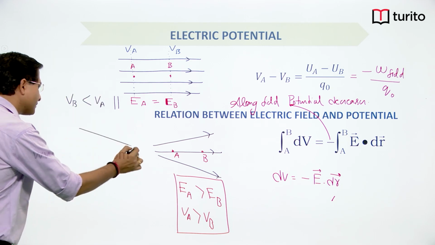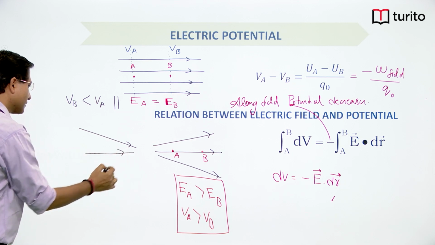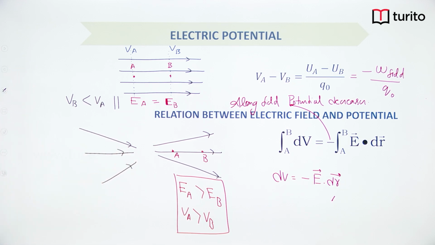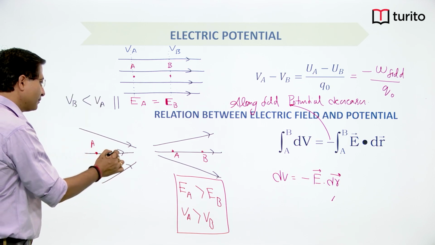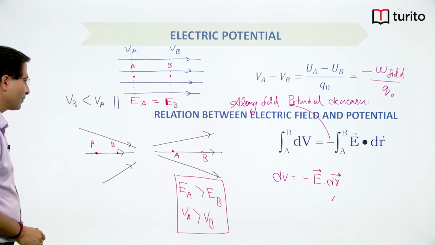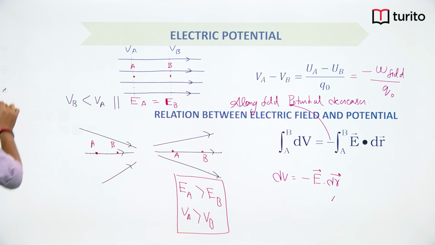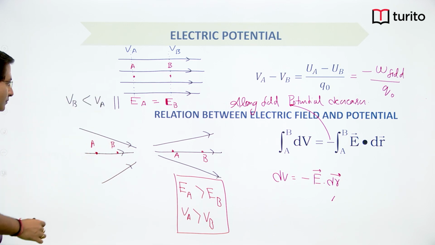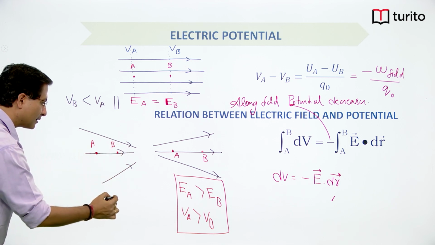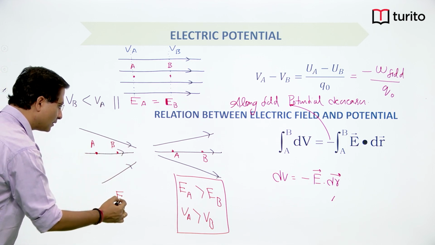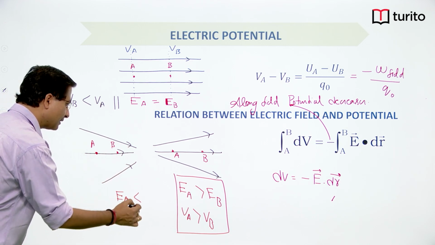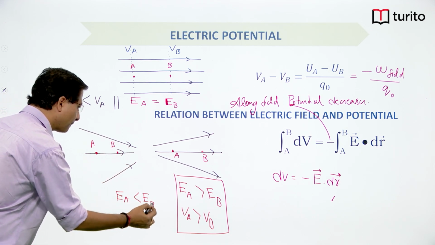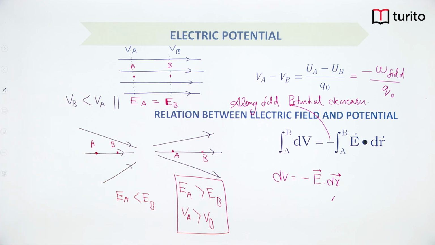If field lines are something like this and I take 2 points in a space, A and B, you can easily say that here lines are closer. So, electric field at A will be less than electric field at B. What about potential?